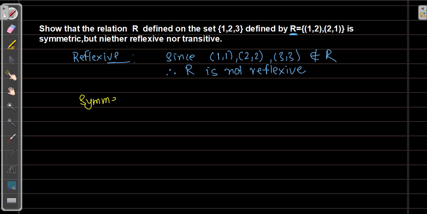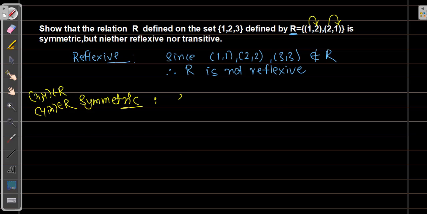When our relation is symmetric, if this ordered pair (x, y) belongs to our relation R, and if the ordered pair (y, x) also belongs to R, then we say that our relation is symmetric. And here also, the ordered pair (1, 2) is in R, which means (2, 1) is also in R. So therefore our relation R is symmetric.